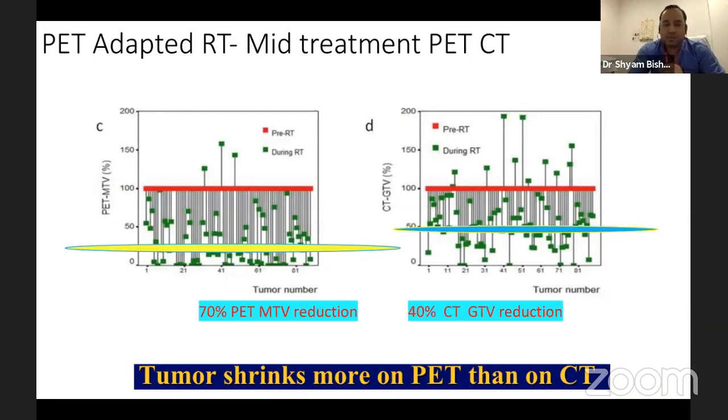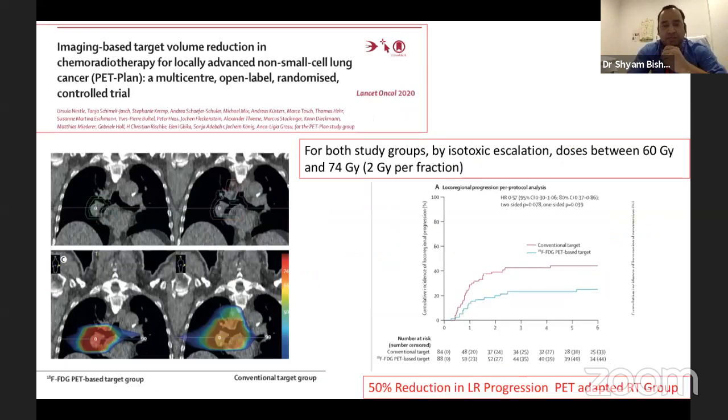Now coming to the PET, we all know tumors shrink more on PET than on a CT scan. This study compared the rate of regression in the mid-treatment PET and CT scans. They found 70% PET metabolic reduction versus 40% CT GTV reduction on the mid-treatment scan. This PET-Plan CT is an open randomized study published in Lancet recently.